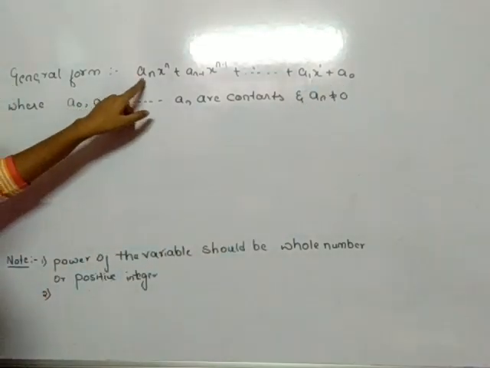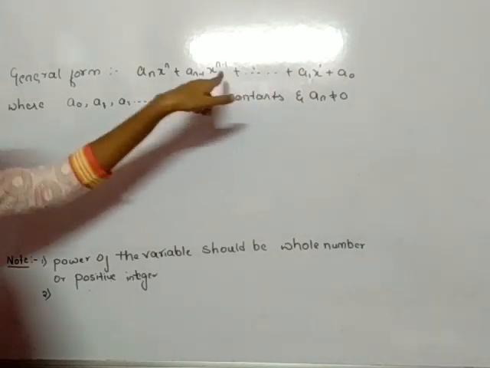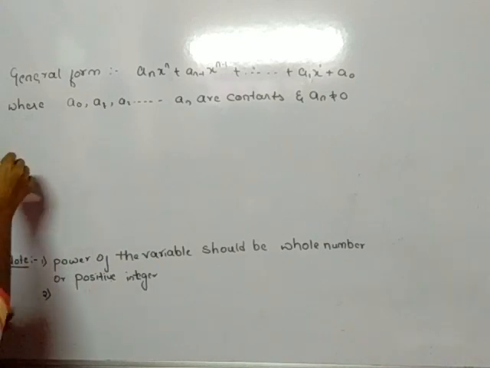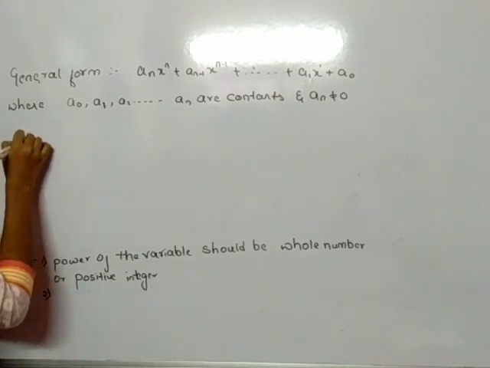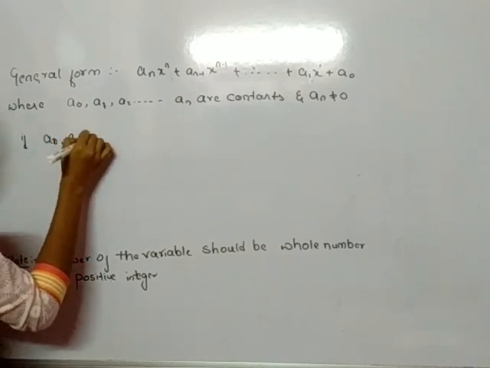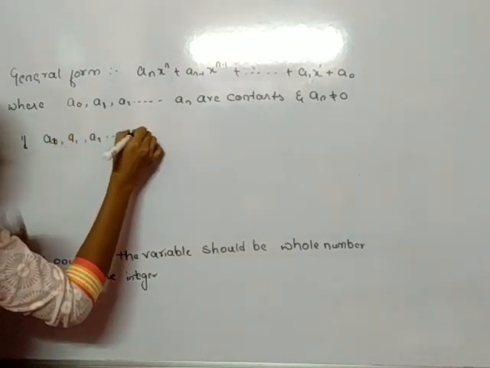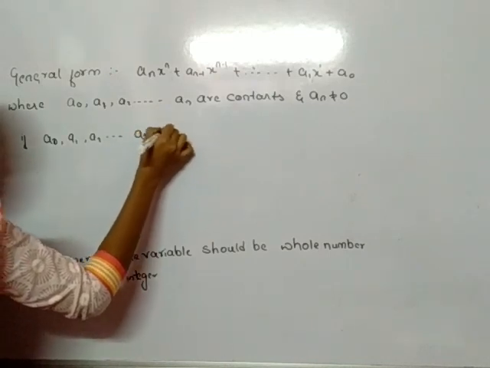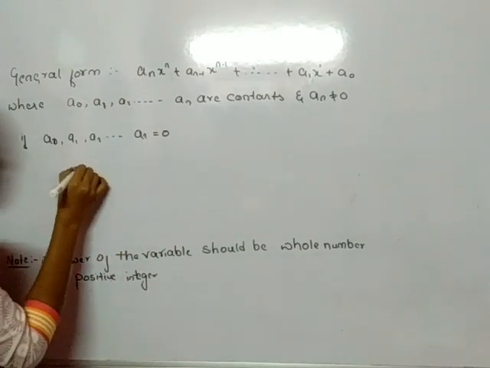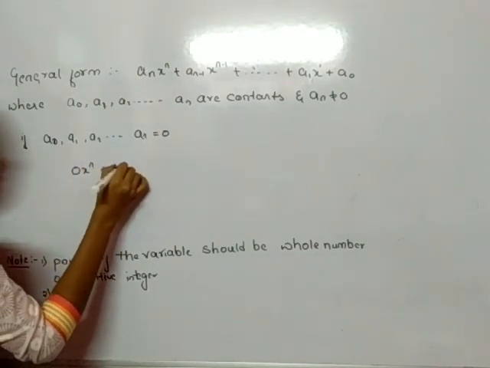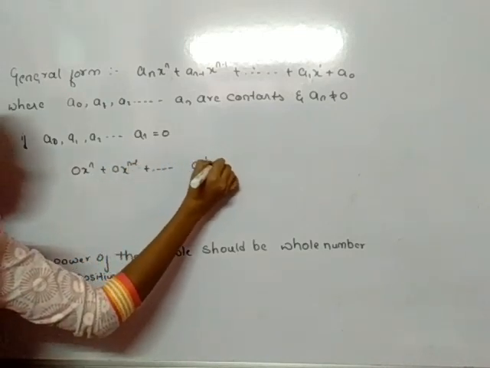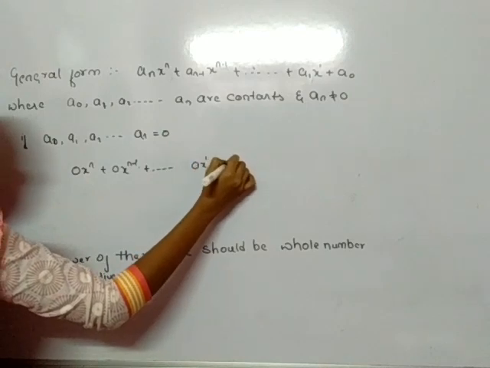If all these constants became 0, we'll check what will happen. If a naught, a1, a2, so on till a n are equal to 0, we'll substitute 0 in this equation. What will come? 0 into x raised to n plus 0 into x raised to n minus 1 plus so on, again 0 into x raised to 1 plus again 0.